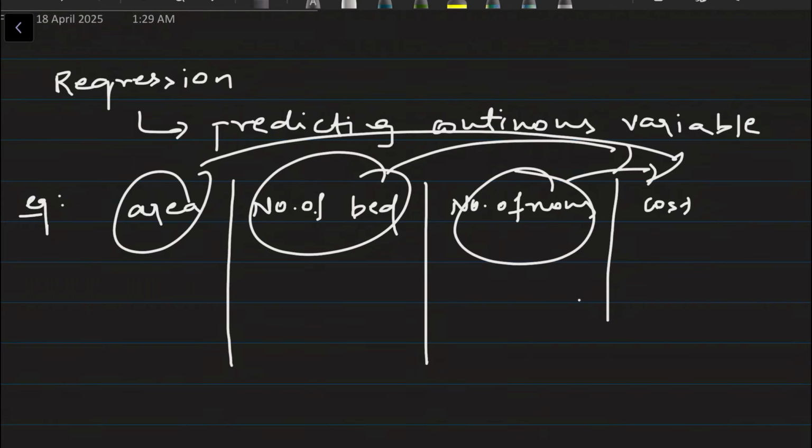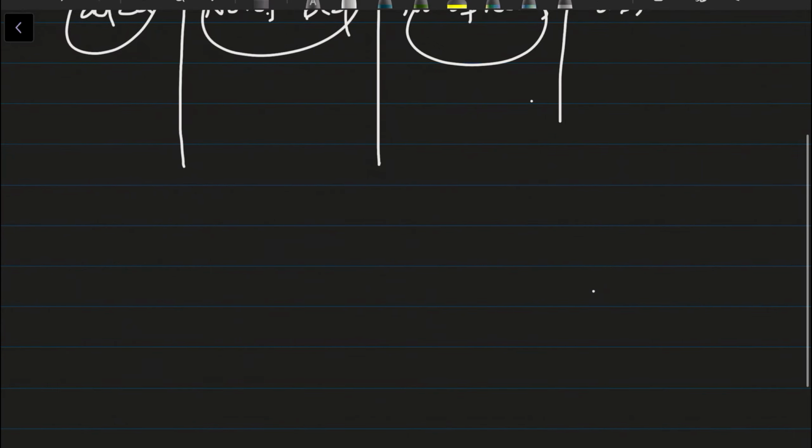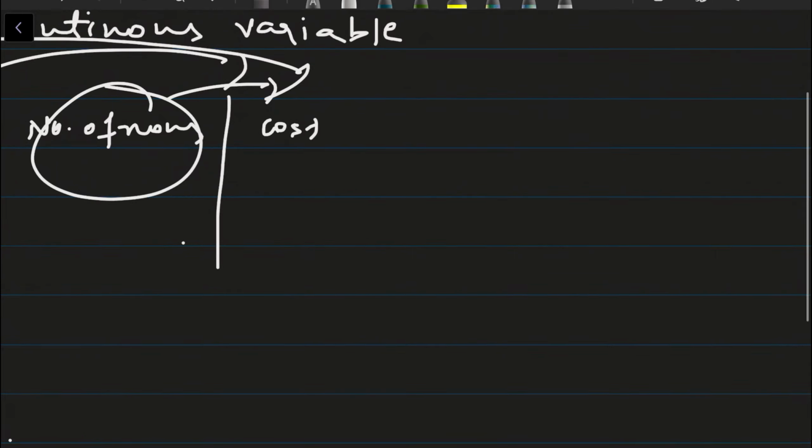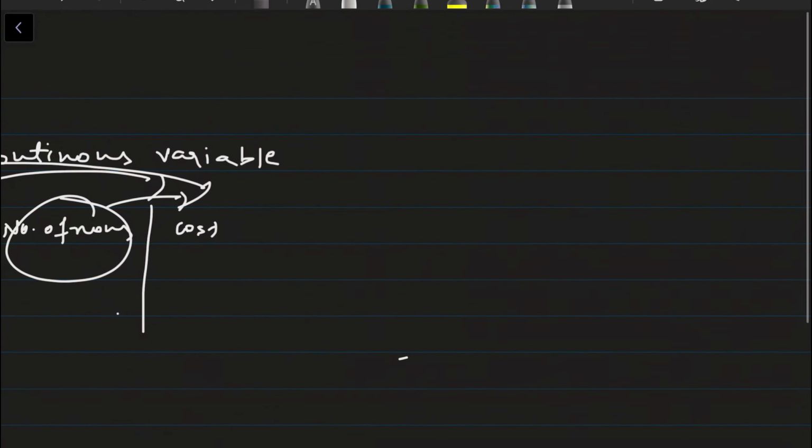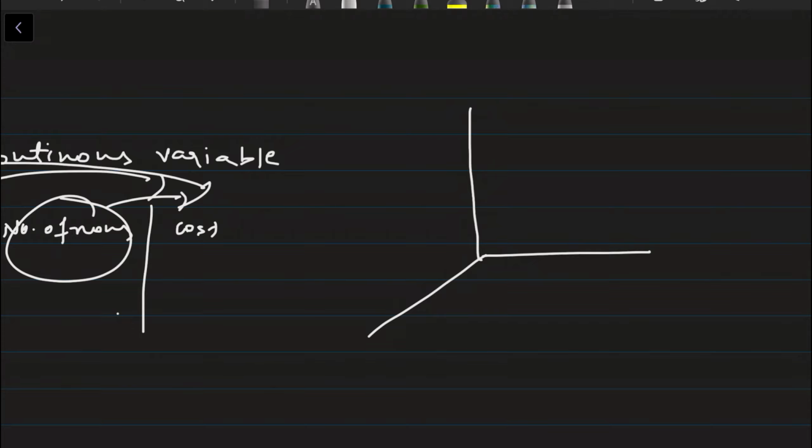So how can we represent it? Let us suppose this contains three features, so it is three-dimensional data. This is area, this is bedrooms, this is number of rooms. The data will be like this.